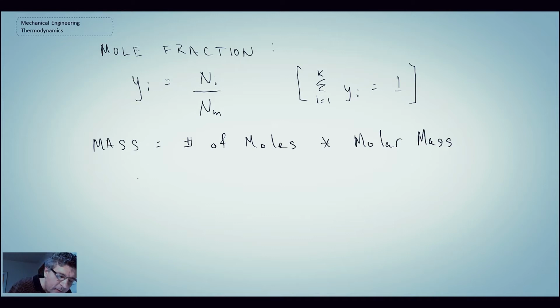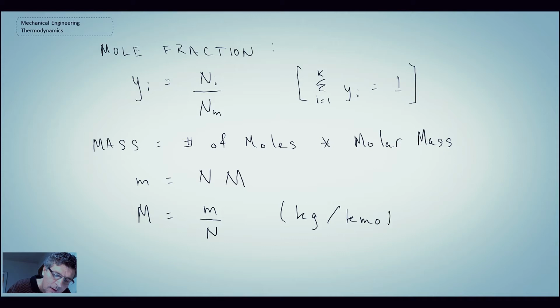So with this, we can write out our nomenclature. The mass is equal to the number of moles, capital N, times the molar mass, capital M. And with that, we can define the molar mass as the mass divided by the total number of moles. That will give us units of kilograms per kilomole.